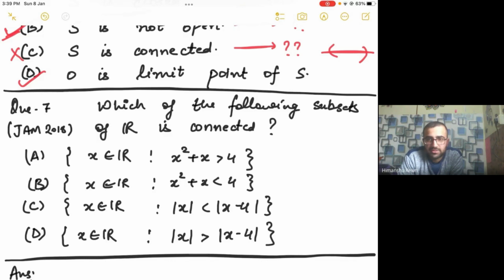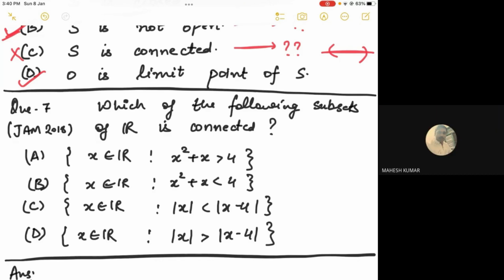Tejaswini says that by graphical approach, this is also fine. So how will you do it? For option A, from the sign diagram, there must be a gap between two roots, on the left or right side, in which set A does not lie.